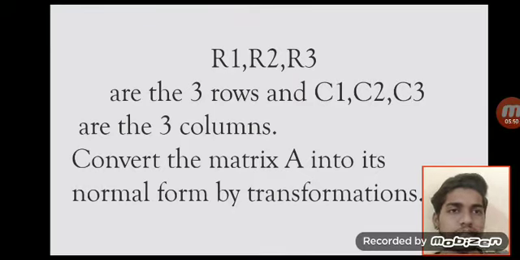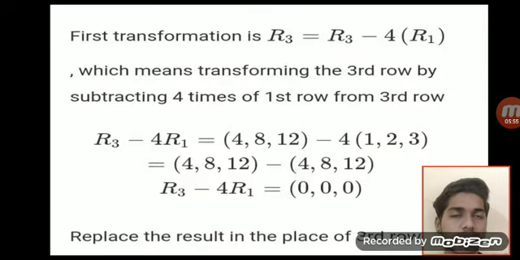We will go into the first transformation with rows: R3 = R3 - 4R1, which means transforming the third row by subtracting 4 times the first row from the third row.